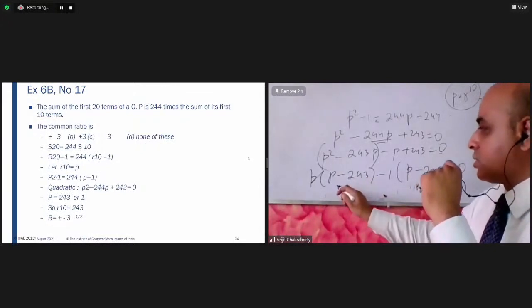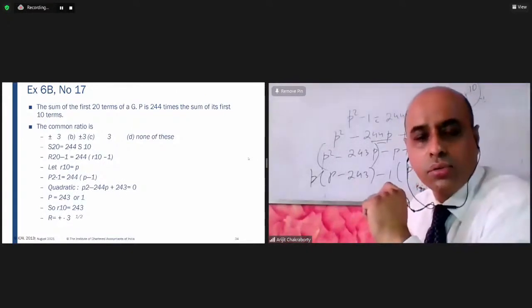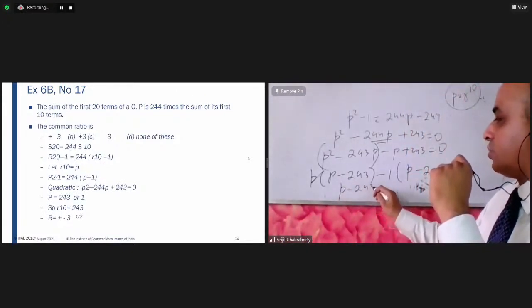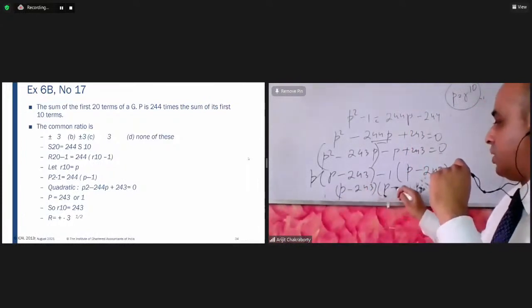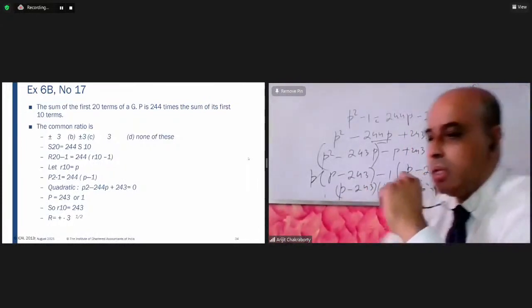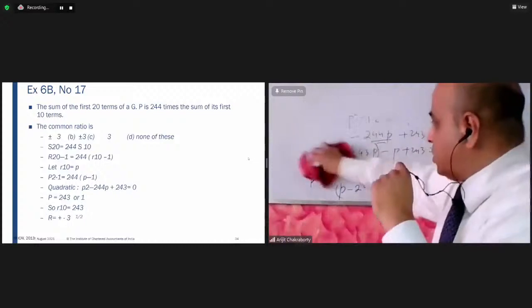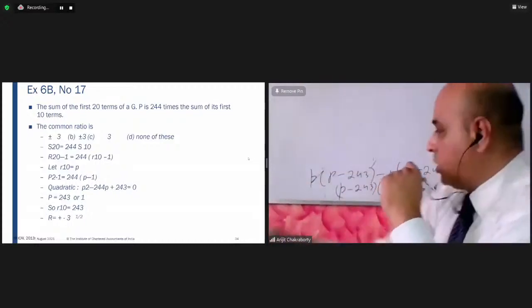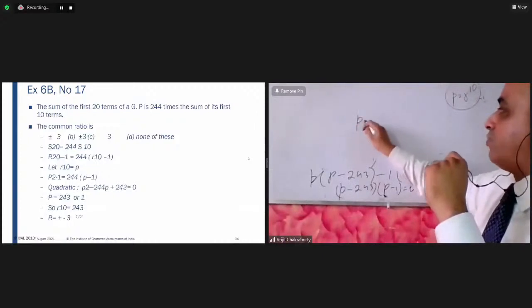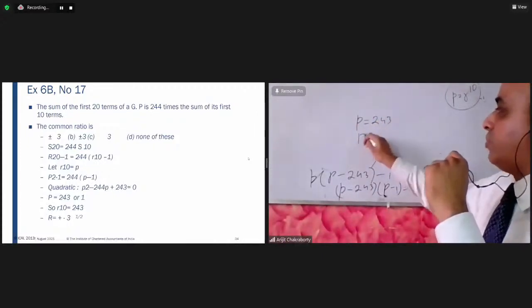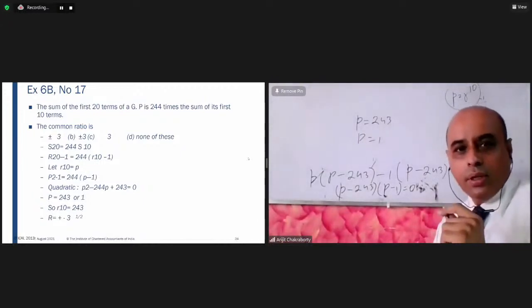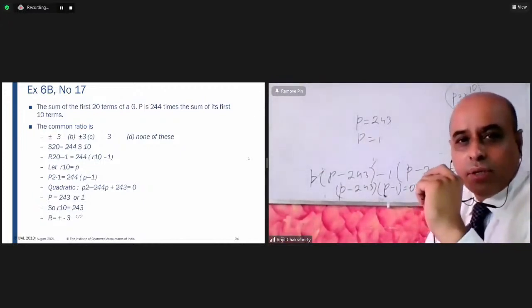So the two roots of the quadratic equation come from P minus 243 into P minus 1 equal to 0. So we have reached almost the final part of this solution. We get two answers: either P equal to 243 or P equal to 1. Now we have to find out what is the common ratio.